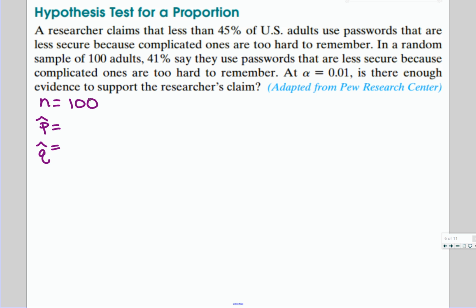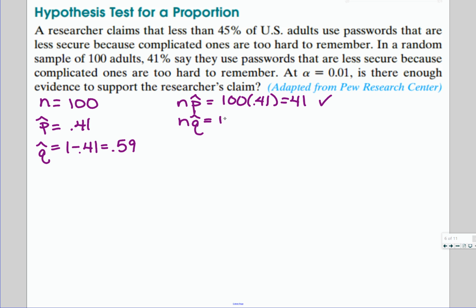What proportion said yes? 41% said they use passwords that are less secure, which means Q hat would be the complement of that, which would be 0.59. Okay, and then this one will be some quick math, checking my N P hat and my N Q hat. So 100 times 0.41, that's going to be 41. And 100 times 0.59, that's going to be 59. So both of those are good. Step one done.